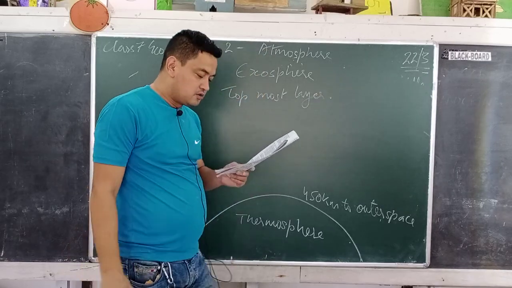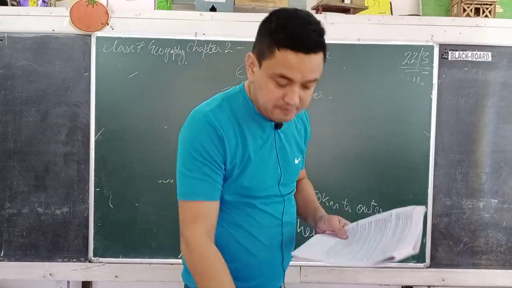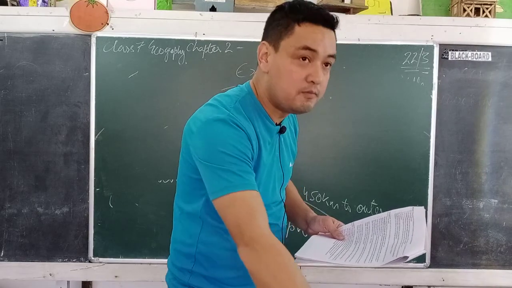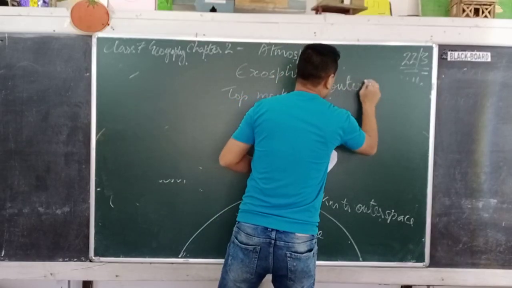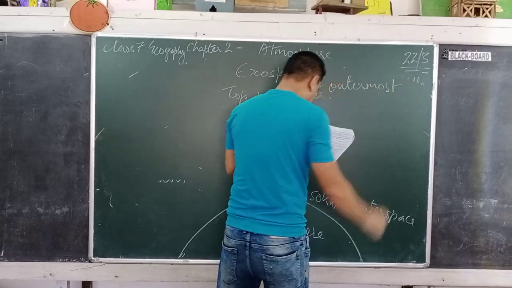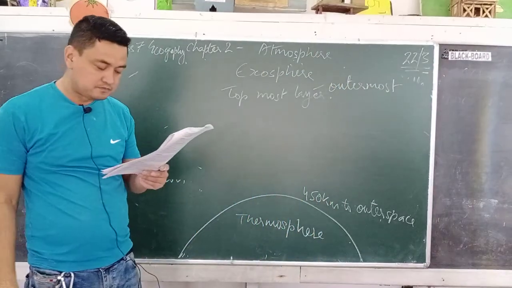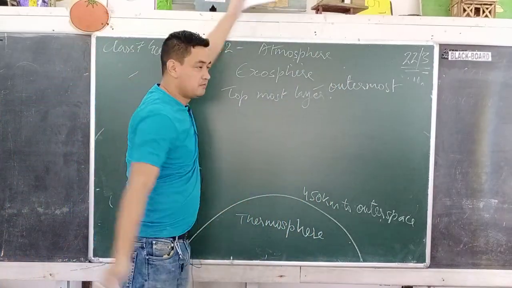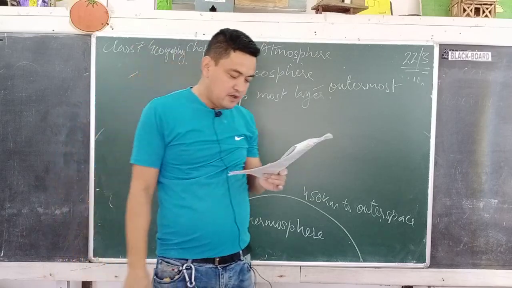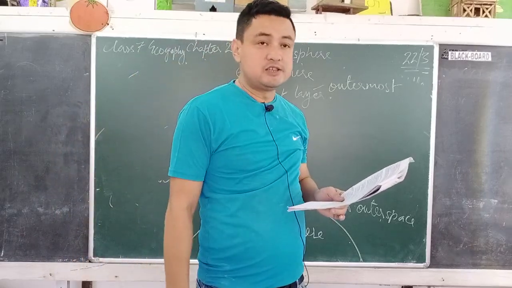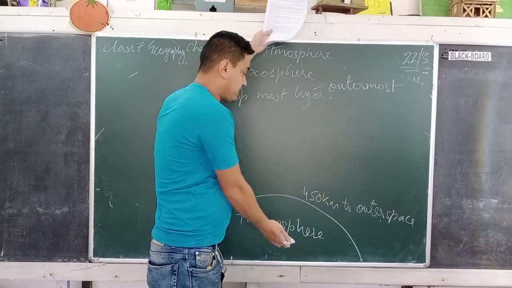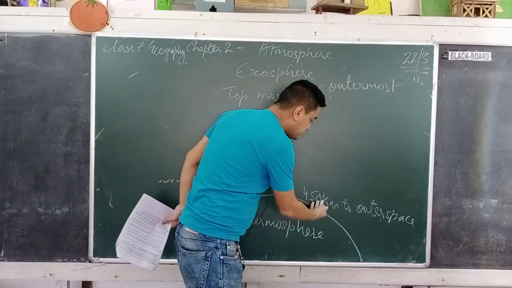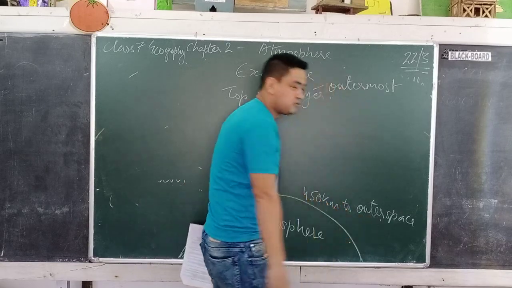It is thousands of kilometers thick and merges into interplanetary space. It starts from 50 kilometers and joins with the outer space.